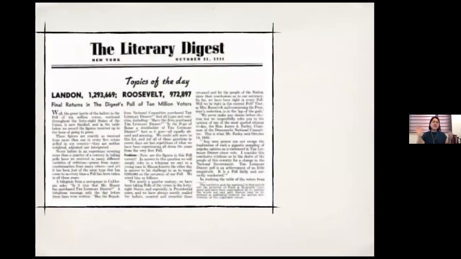So let me tell you a story. Back in 1936, there was a magazine called the Literary Digest. It was a very famous magazine. For every presidential election, it made a poll and predicted who the winner would be. For the past several presidential elections, they always predicted that the Republican would win.